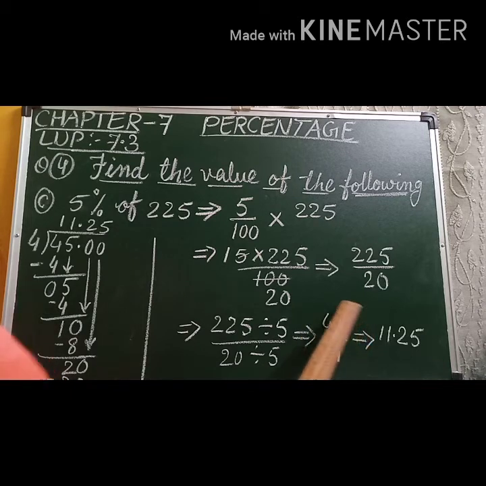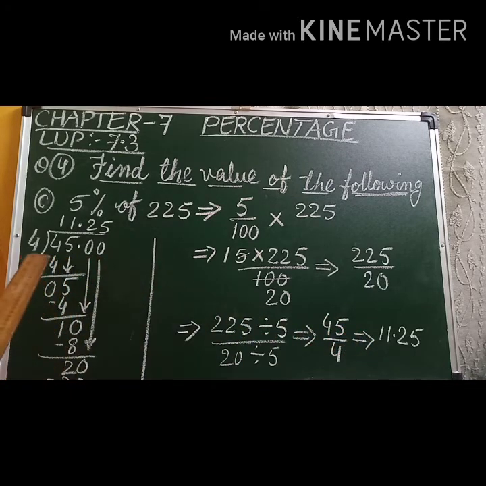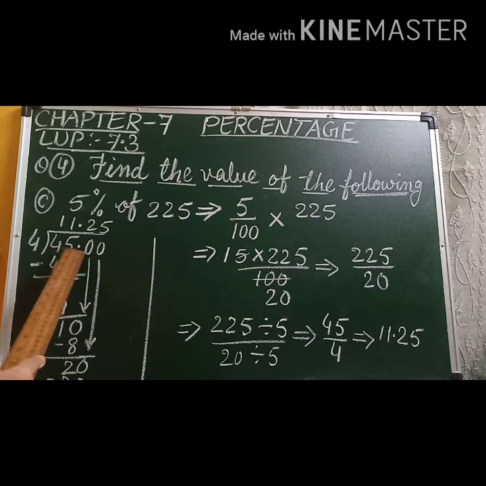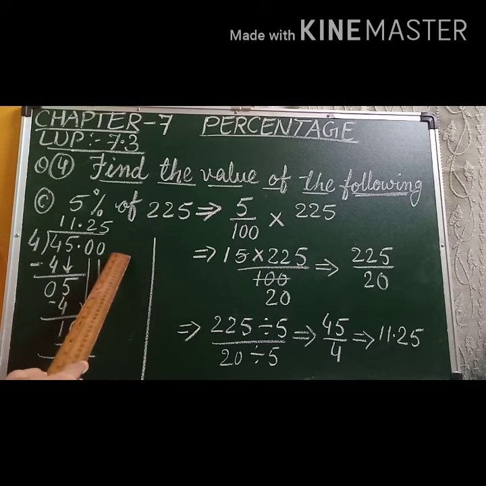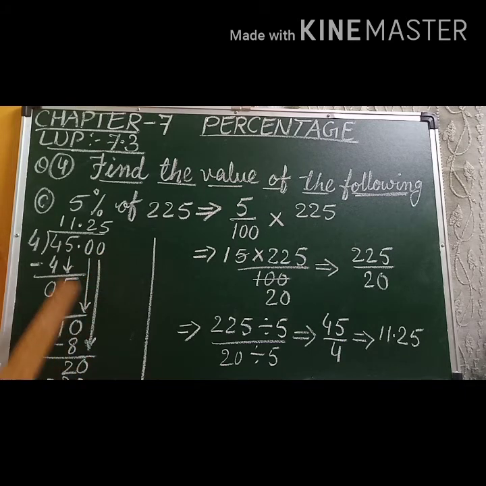Now this can be simplified. 45 divided by 4: 4 1s are 4, 0 is left, bring down the next number 5, 4 1s are 4 again, what is left? 1. But we need the complete answer, so for that we need to put a decimal and put zeros to get the remainder 0. We have to solve further, so we write 45 as 45.00.